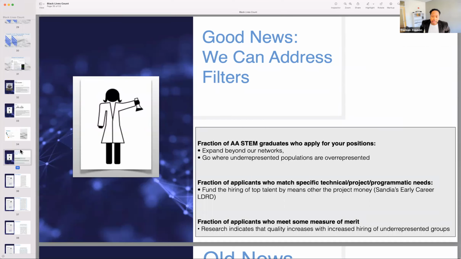What we did when I was at Sandia National Labs, I was there from 2007 to 2013, is we set up this program that we called the Early Career LDRD program.